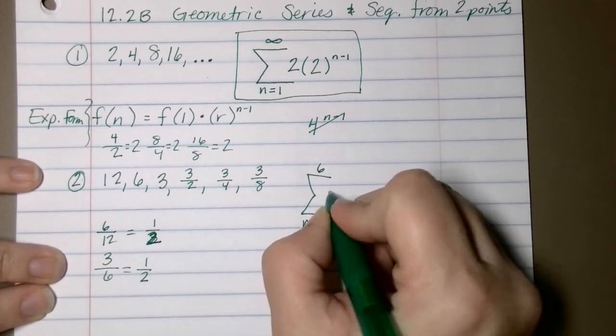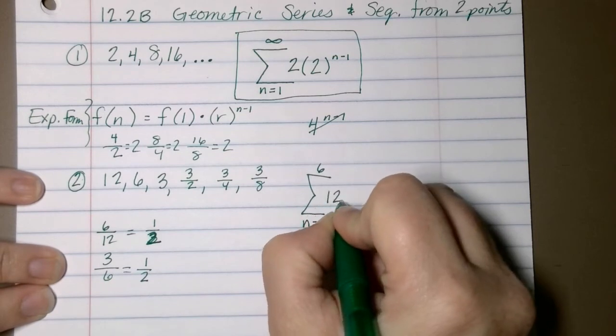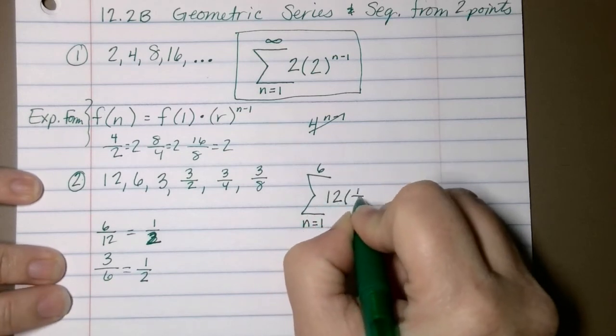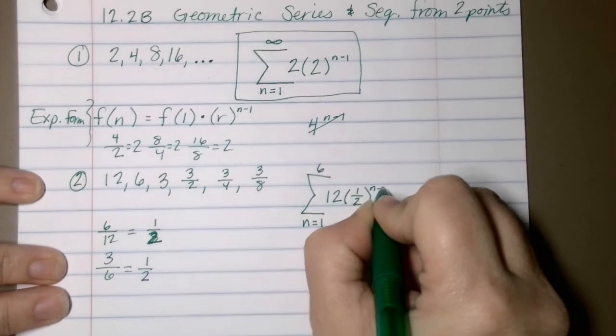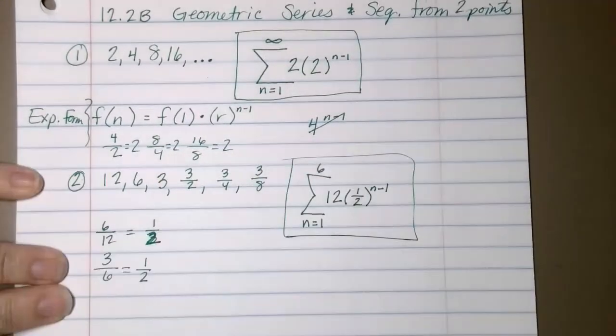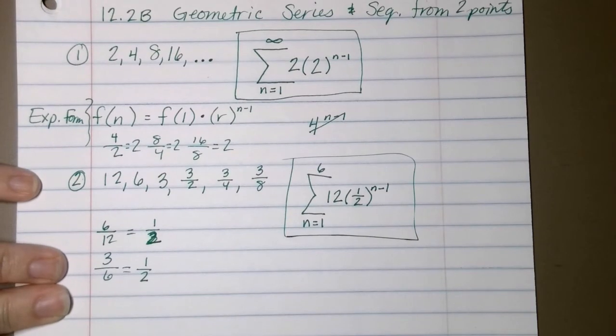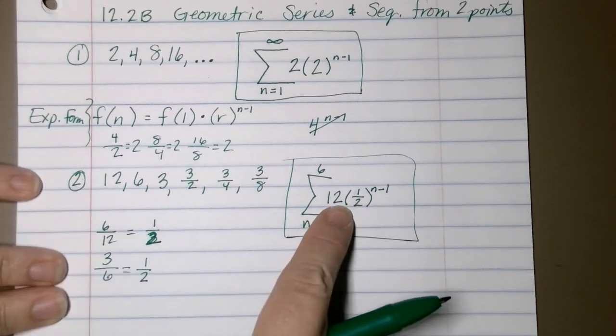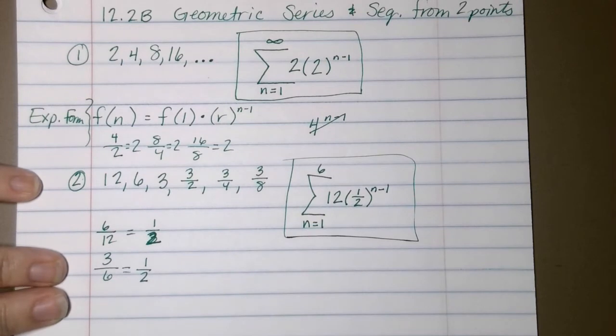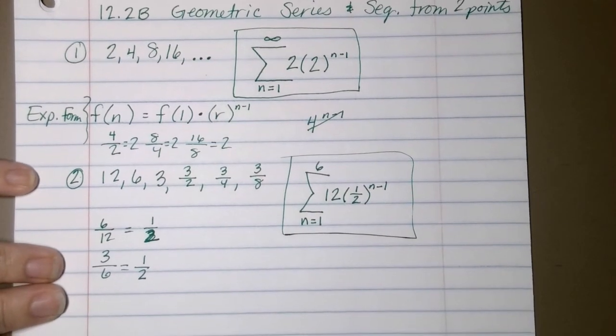So what's my formula that I write here? 12 parentheses 1/2 to the, and that's my sigma notation. And again, the only reason that arithmetic ones are a little bit more difficult is because we can't just go straight to here. We have to use that distributive property to combine our terms. It's the only thing that makes it different.